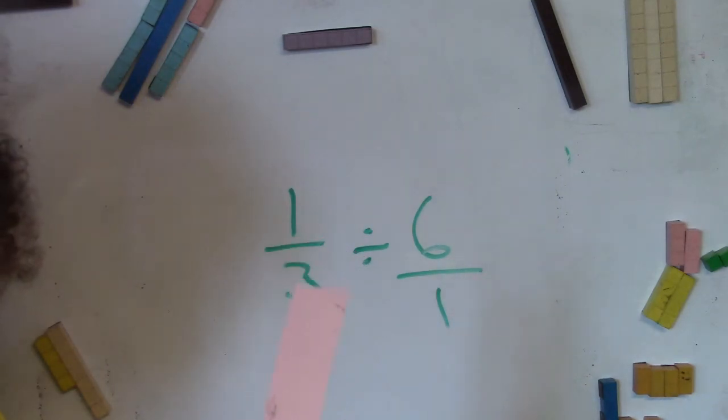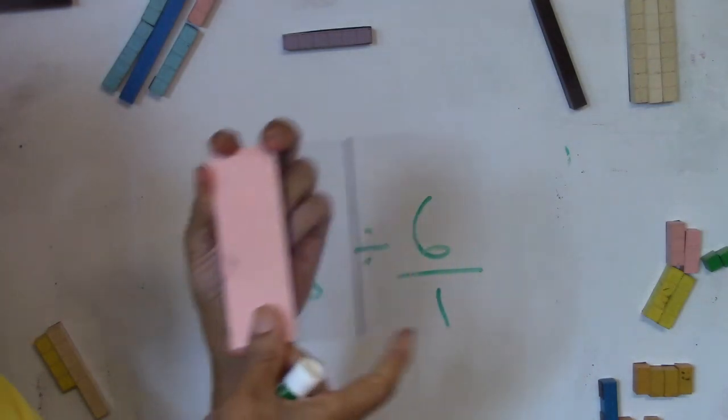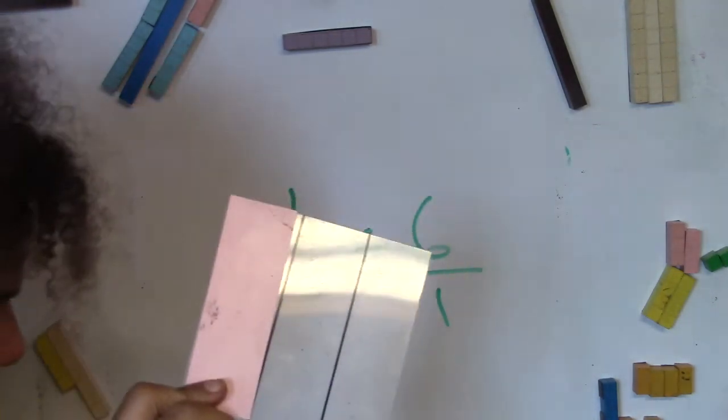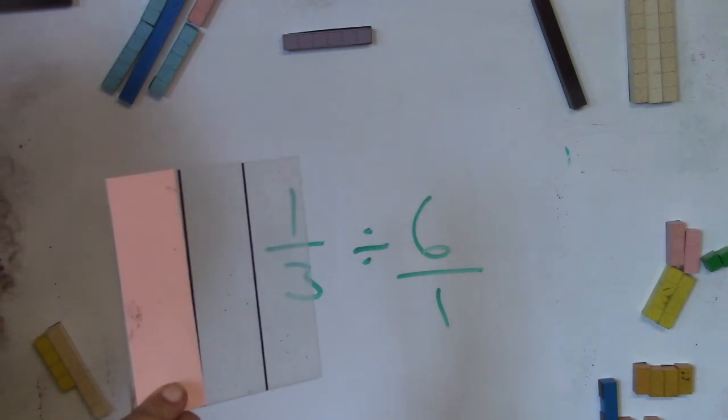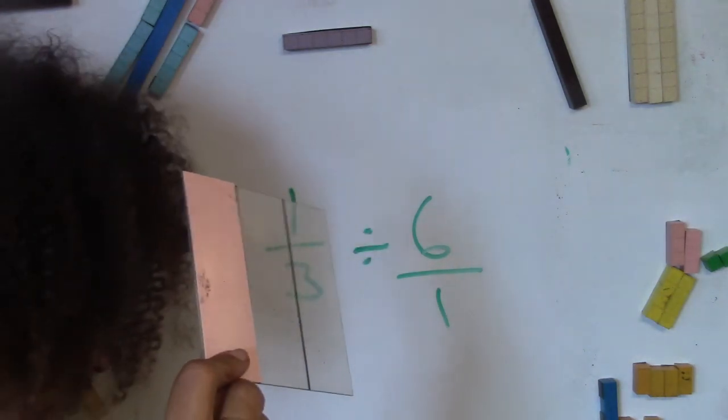But you know what? I want to take my third and cut it into 6 pieces. So let's say this is a third of a chiffon cake. That's all that's left in the pan. And I got 6 people. So now we're going to talk about the original cake.